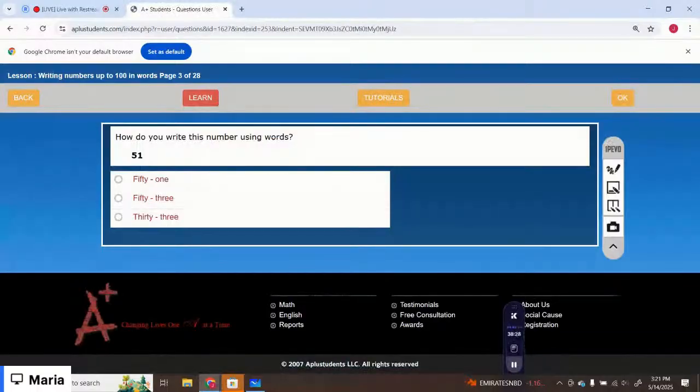How do you write this number using words? That is 51. So which is the correct option? Option number one is the correct option.